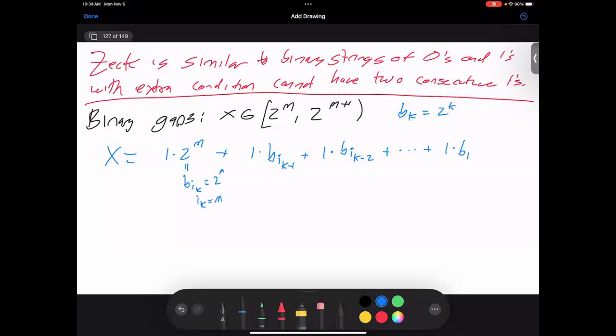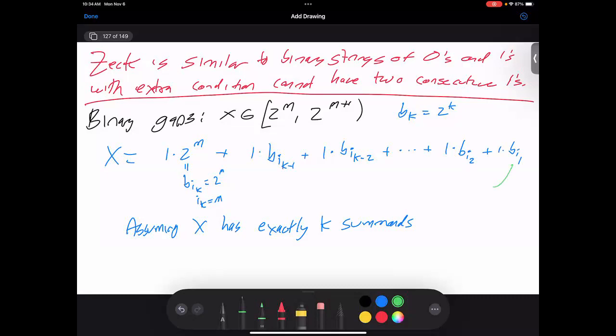I'm choosing my numbers so that the first index which happens is the 2^m, and I'm assuming that x has exactly k summands. When I write this out, I could even put in a little bit more at the end: b_{i_2} plus 1 times b_{i_1}.